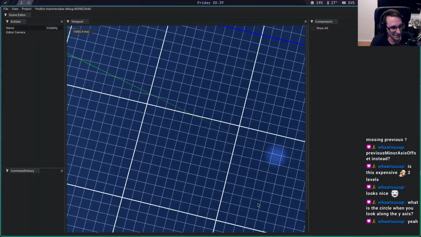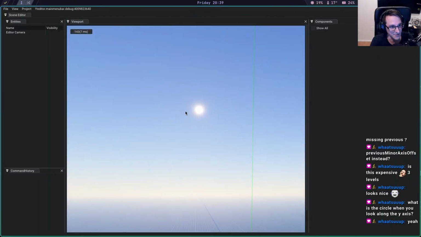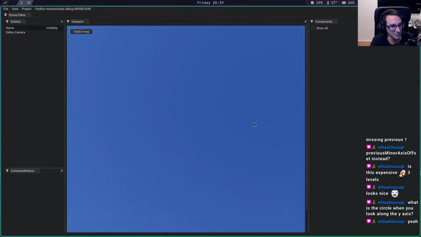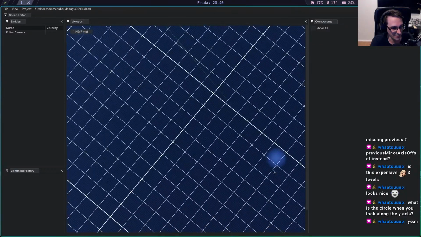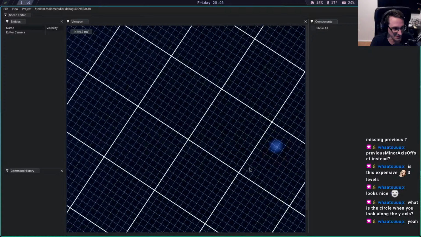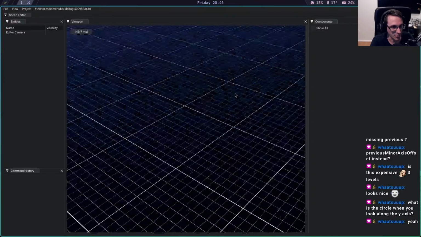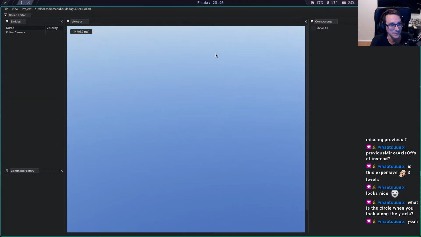I still have to debug it, but it's something related to the sky, because you have it up here, I think. Actually, up here you don't have it. I think it's something with the sky shader that produces this. I'm not quite sure why. I never really looked at it yet.